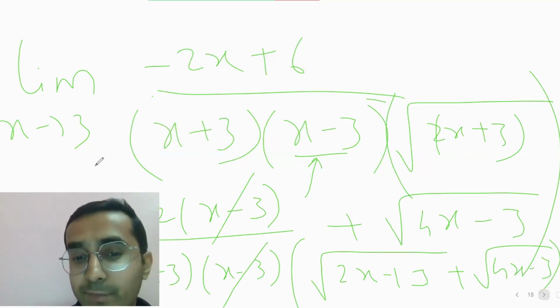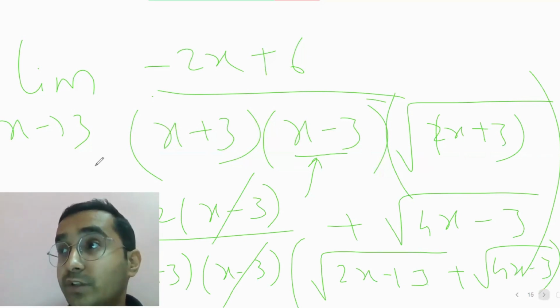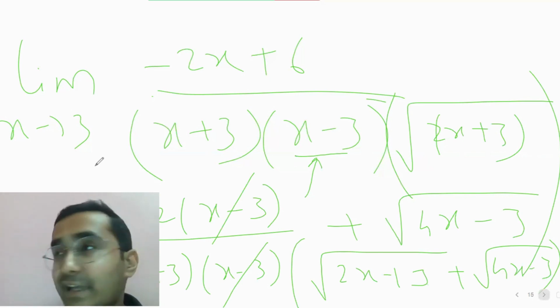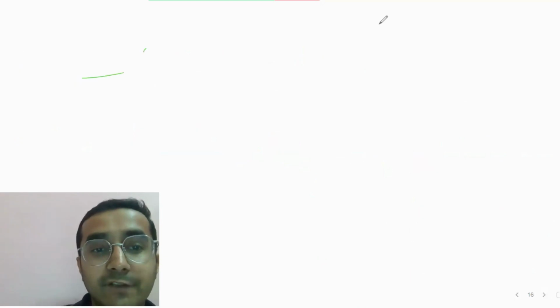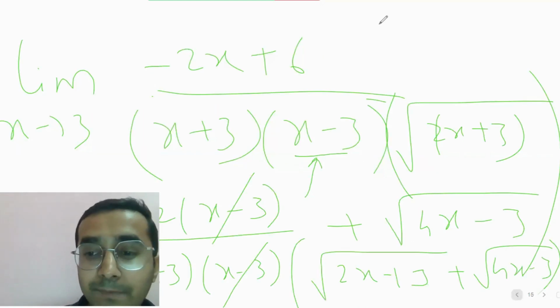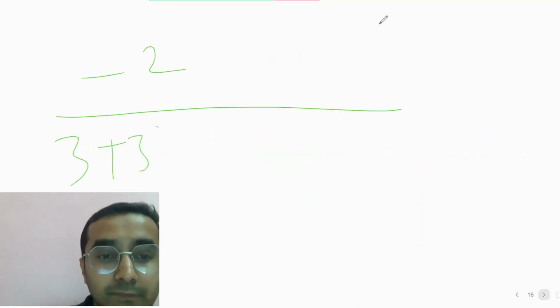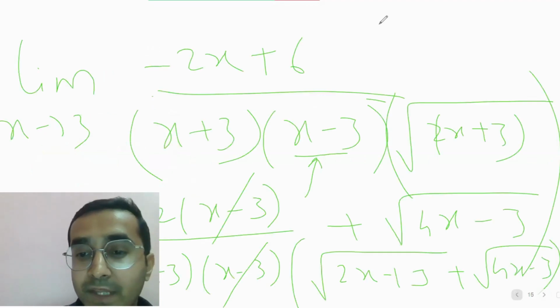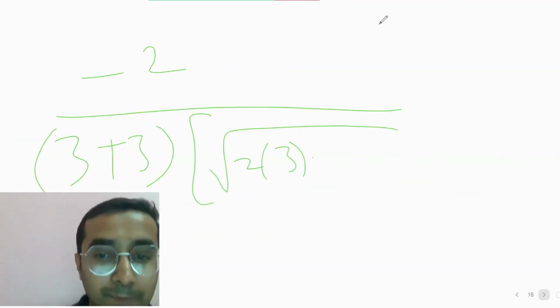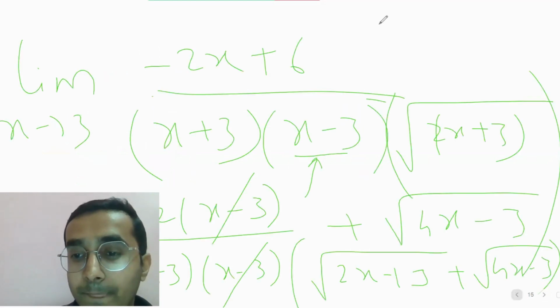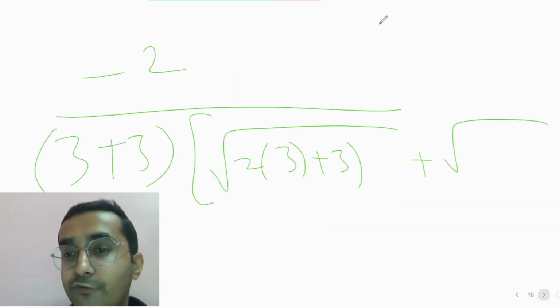Then take the limits, because the factor which was causing the denominator to be 0 is now eliminated. So we will have negative 2 upon 3 plus 3 into root of 2 into bracket 3 plus 3 plus root of 4 into bracket 3 minus 3.